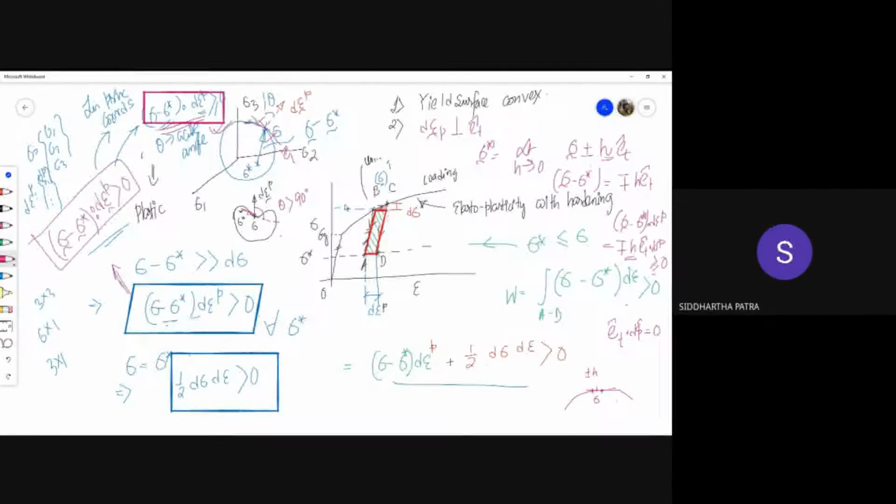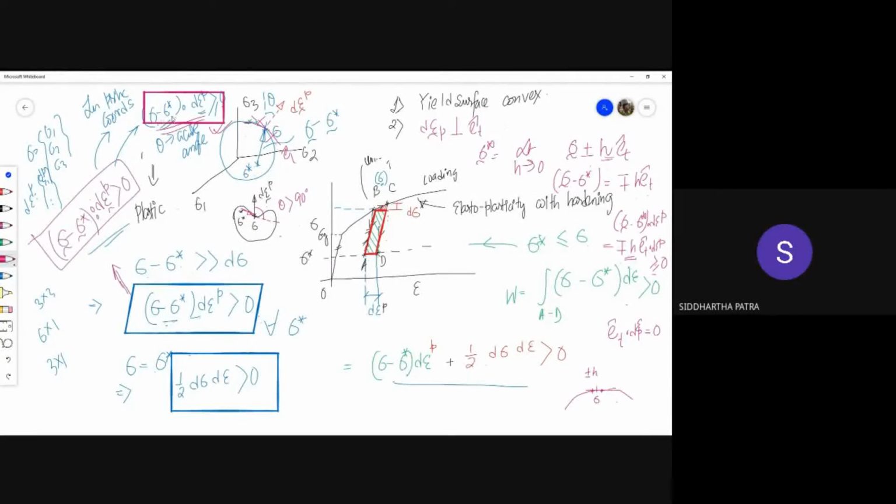Okay, that this dot product of sigma minus sigma star dot d epsilon is equal to 0. That is only true when you are on the yield surface. How to interpret that? There is one situation where sigma star is sigma, so this whole quantity is 0.